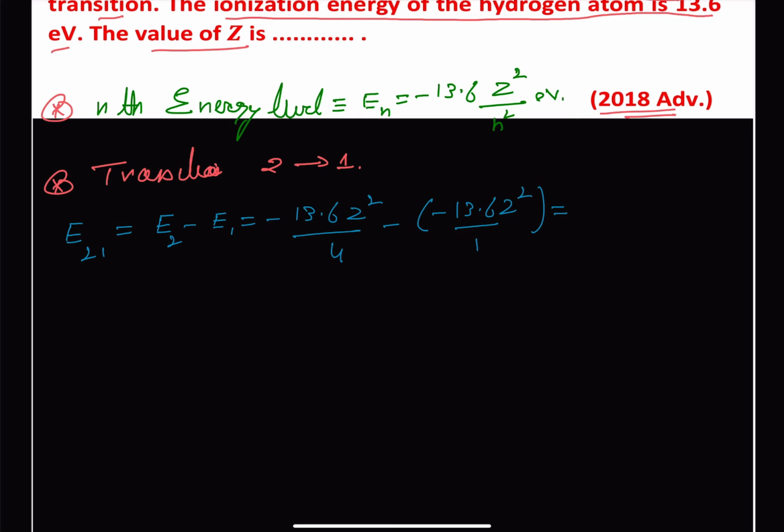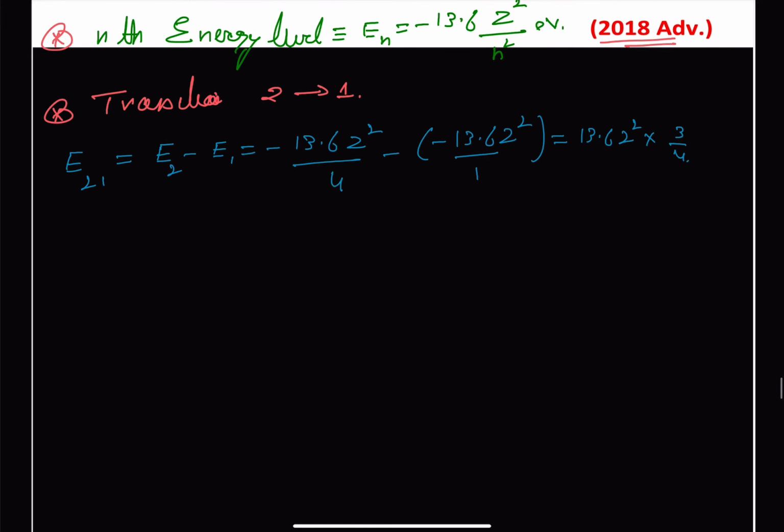We can take 13.6 Z square as common. This will be 1 minus 1 by 4, giving us 3 by 4.